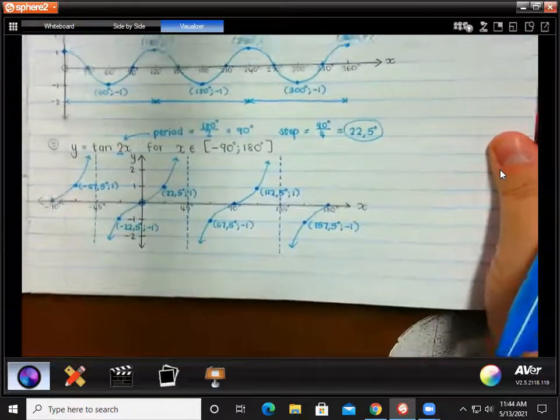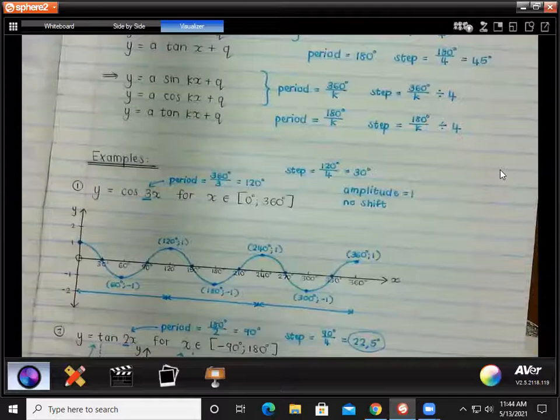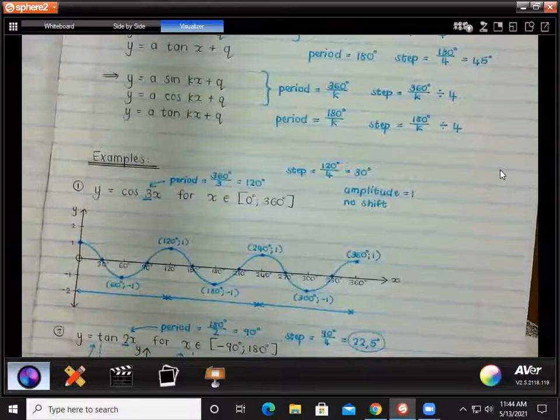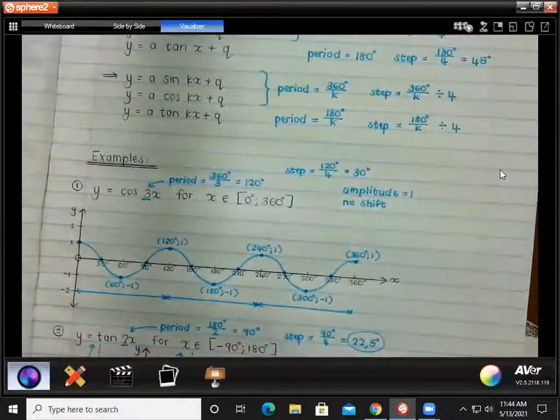Okay, I'm just going to give you some to practice on your own. I'm not going to draw more examples now. Let me just see here.